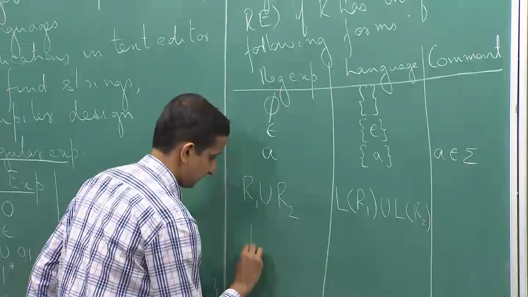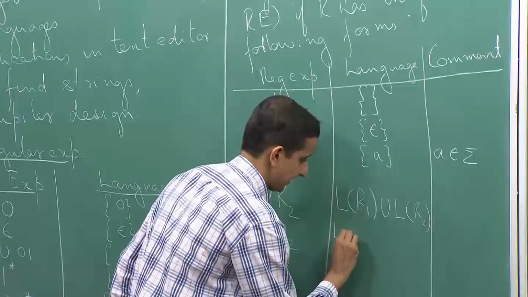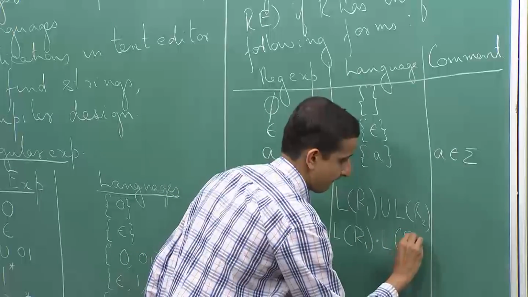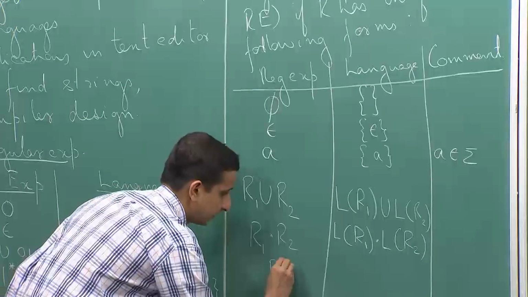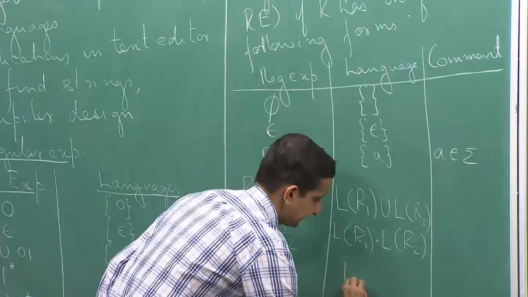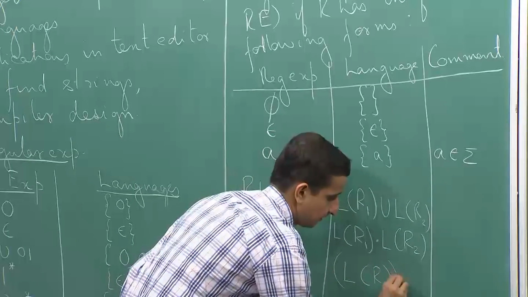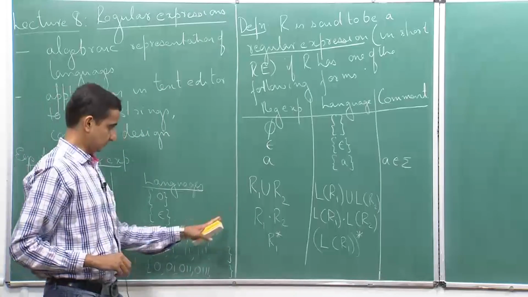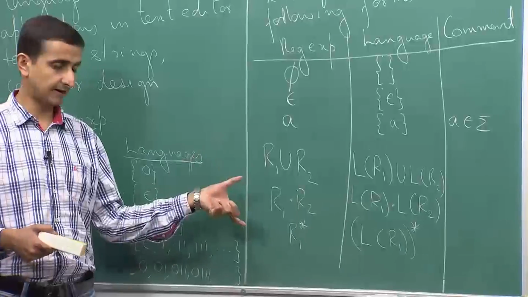We have R1 dot R2, which is L of R1 concatenated with L of R2. We have R1 star, which is basically L of R1 whole star. So these are the main 3 inductive cases.